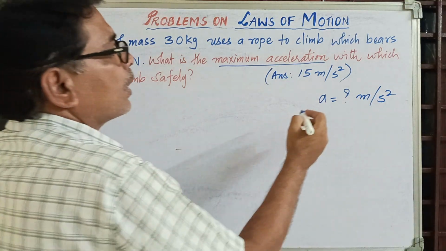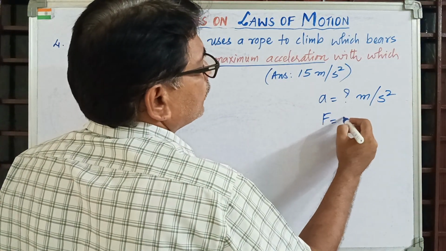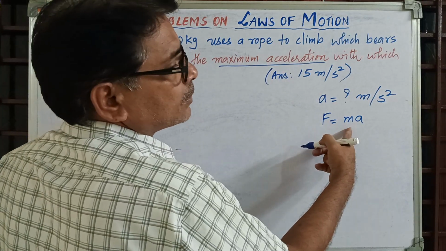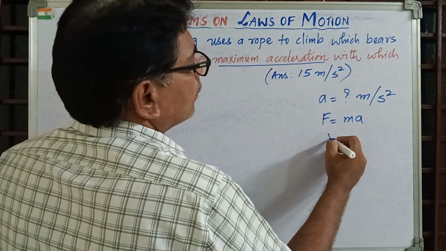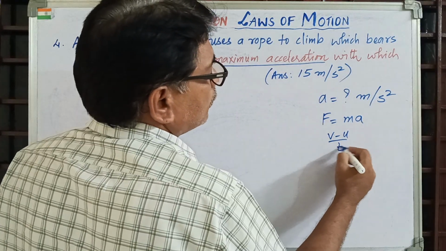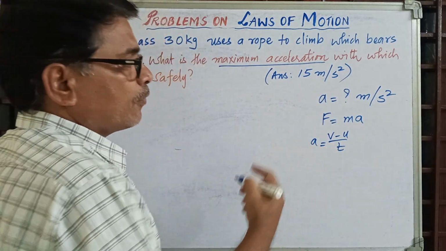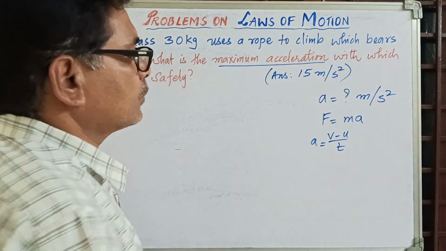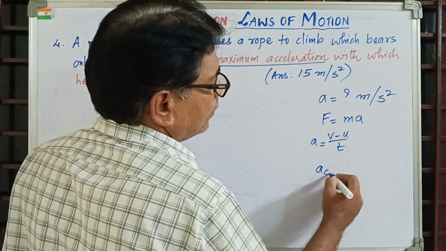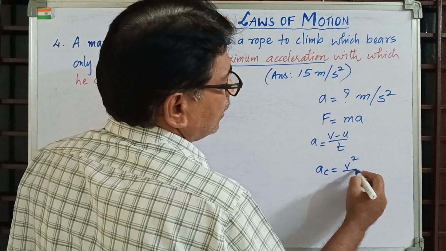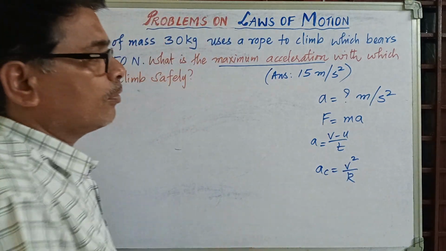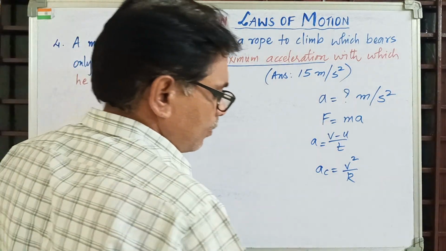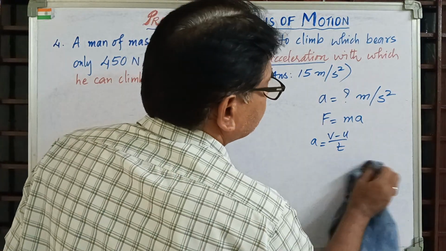So in order to calculate this one, I require what? F is equal to ma. So I require force and mass values, or else v minus u by t is also a formula for acceleration. Therefore I require v and u, final velocity and initial velocity. There is one more formula, centripetal acceleration, v square by r. But I don't find centripetal acceleration here, so I need not worry about this formula.